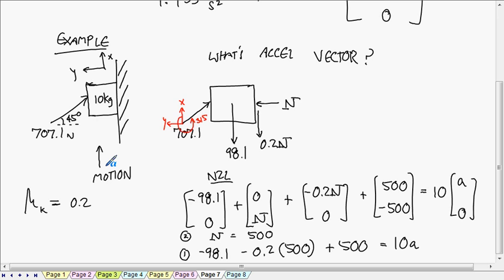Okay. That's why I chose this 707.1. So when you take that times the cosine of, yeah. Any other questions?